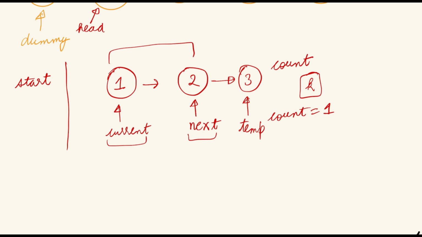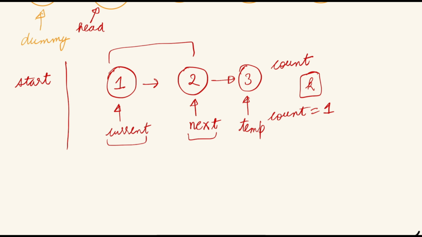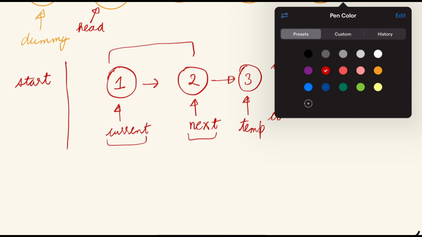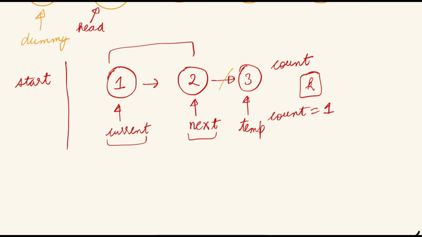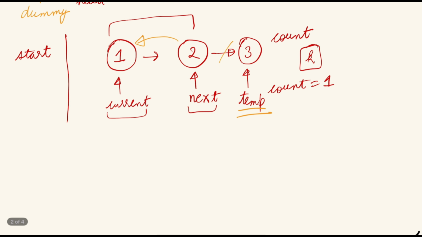What we do next is we need to update 2.next to point to 1, and we have already stored the old reference in temp. And once we do that, we are going to update current to next for the next iteration, and next will become our temp.